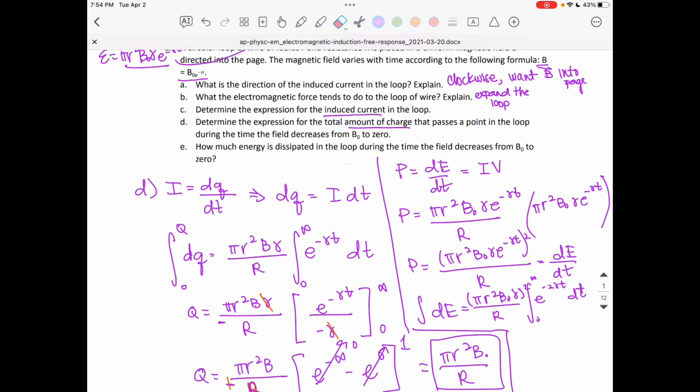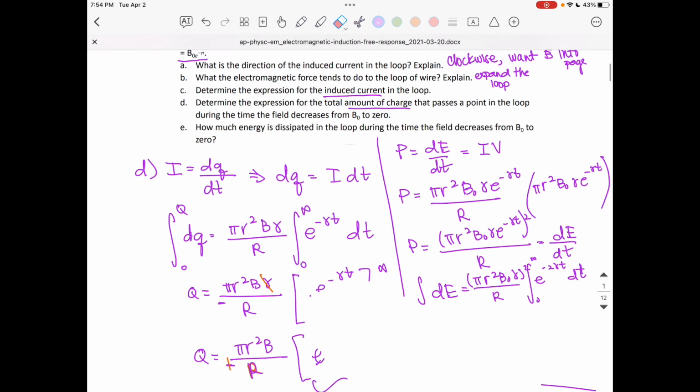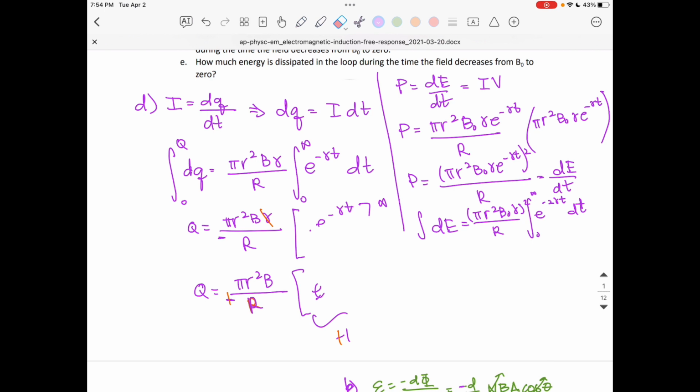And let me just clear out this space here so we don't need it. We have E is equal to pi r squared B naught gamma squared over R. The integration of this is e to the negative 2 gamma t over negative 2 gamma. And then we're going from infinity to 0.